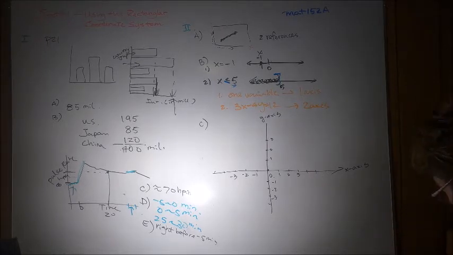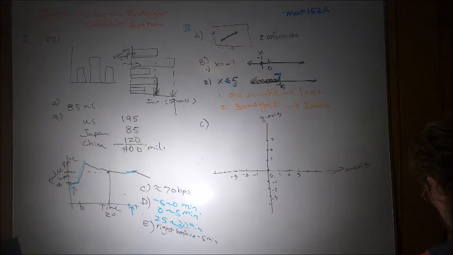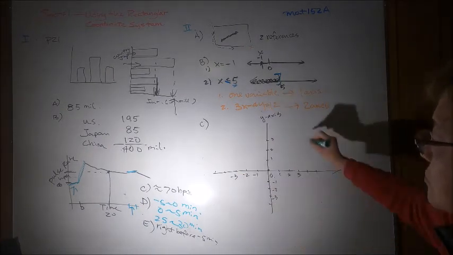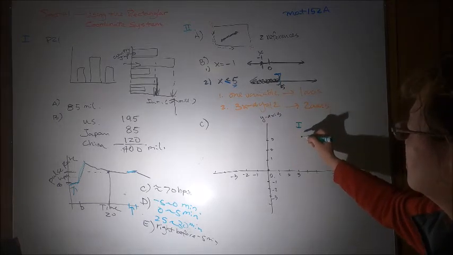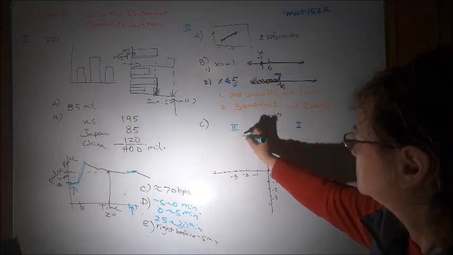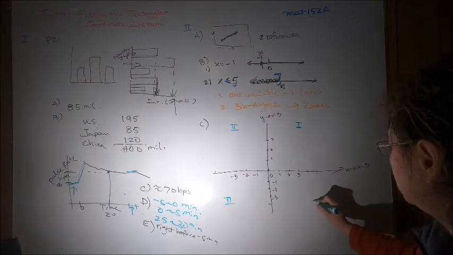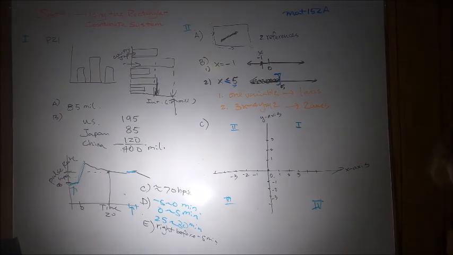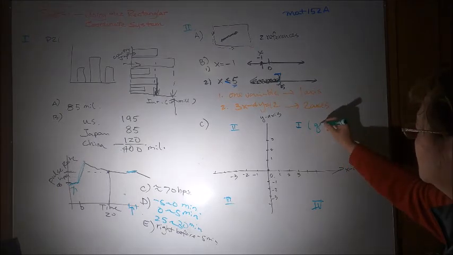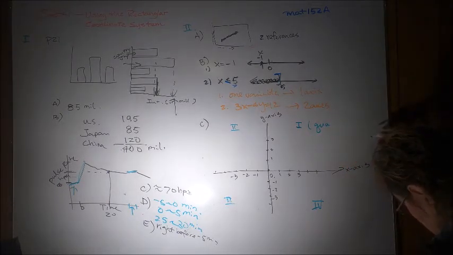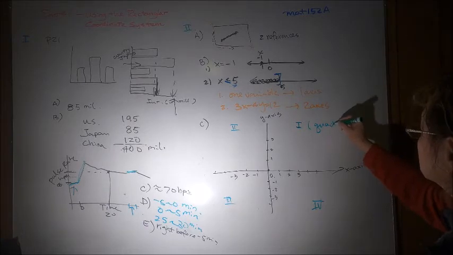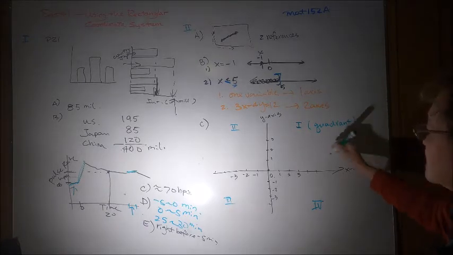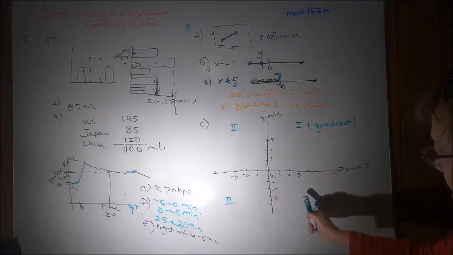Then we count it this way, counterclockwise. So this is 1, 2, 3, 4. Then we have 4 quarters. So each one we call a quadrant. Okay? So this is the first quadrant, second, third, and fourth.